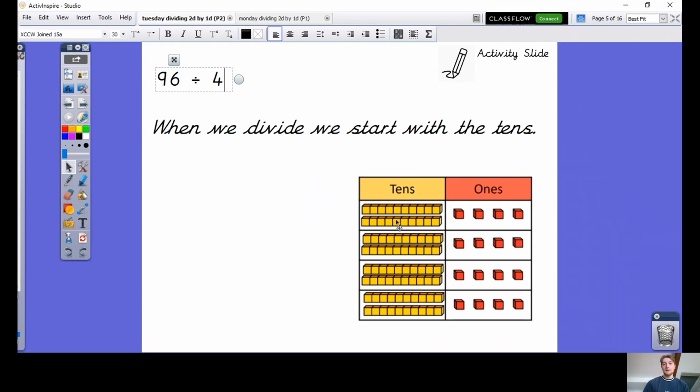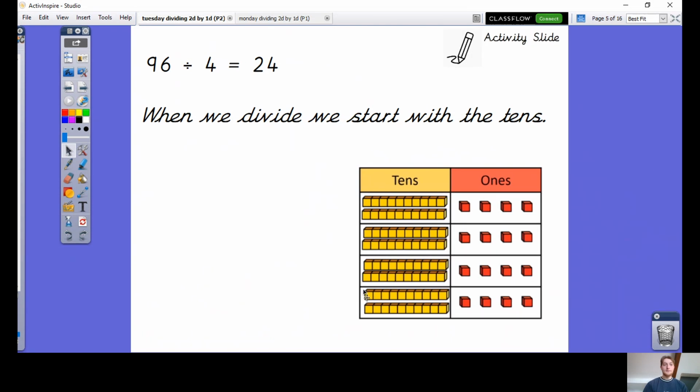So if we look into one group, I can see we have 2 tens and 4 ones. Therefore, each group will have 24. I don't know if you got that correct.